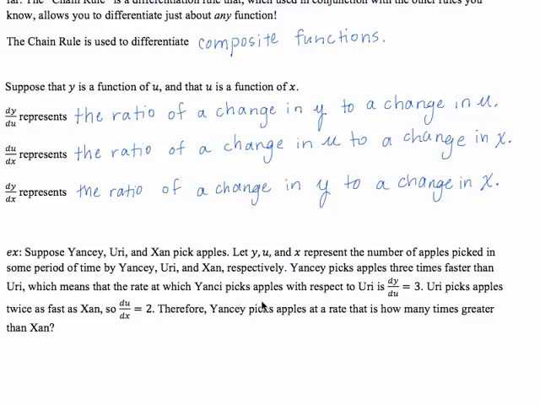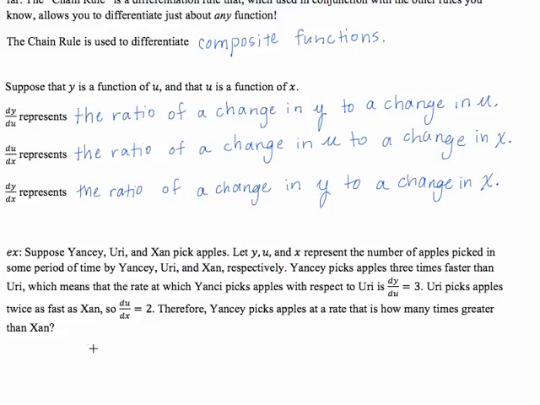Okay, so Yancey picks apples 3 times faster than Yuri, and Yuri picks apples twice as fast as Jean. So Yancey picks apples at a rate that is how many times greater than Jean, right? You can imagine if Jean picks 1 apple, okay, just to put a number on it, and Yuri picks apples twice as fast, then Yuri's going to pick 2, right? But Yancey picks apples 3 times as fast as Yuri, so Yancey's going to pick a total of 6.